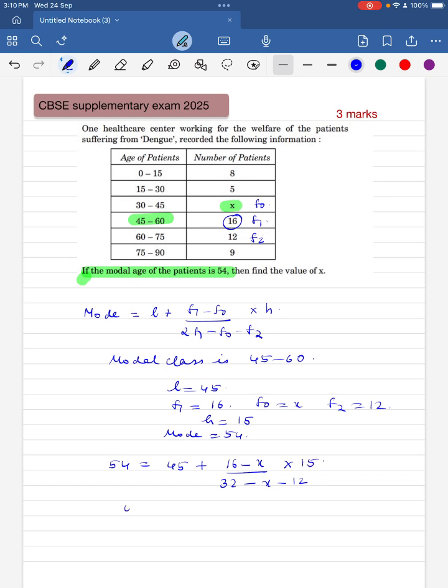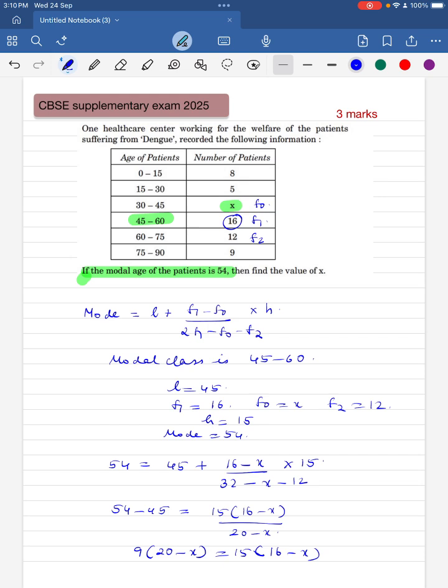So we'll get 54 minus 45 is equal to 15 times (16 minus x) divided by (20 minus x). Now 54 minus 45 gives us 9. So 9 times (20 minus x) is equal to 15 times (16 minus x).